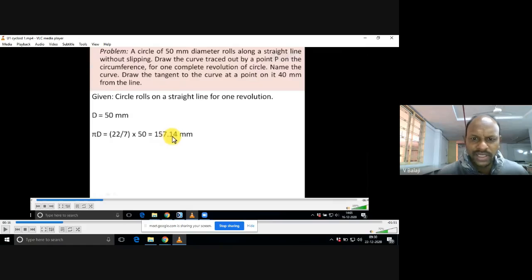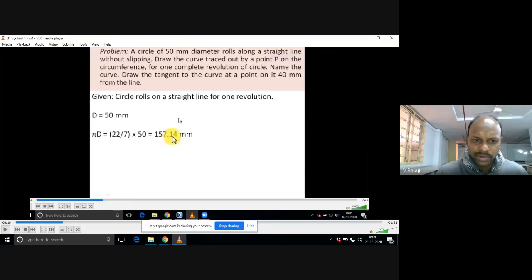Finally, we get the cycloidal curve. So asking to construct the cycloid, indirectly it is asking for the cycloid only. You need to understand by reading the problem that it is the cycloid. So it asks to draw the cycloid for one complete revolution.